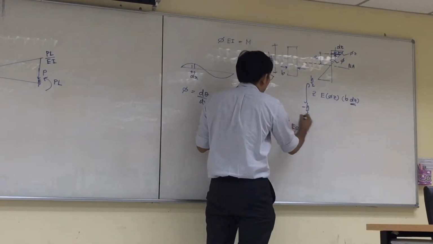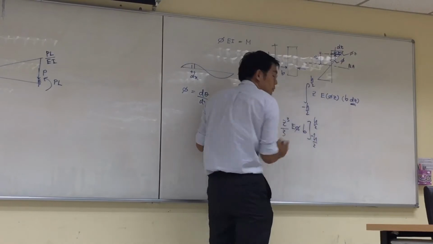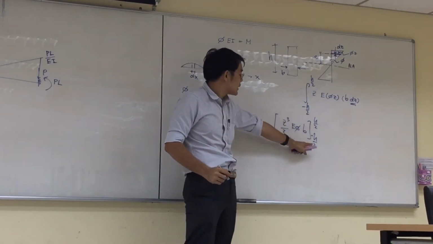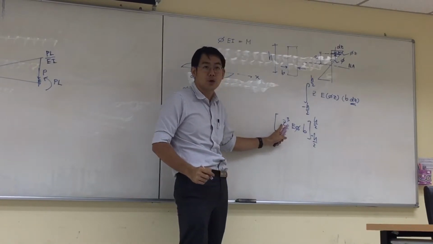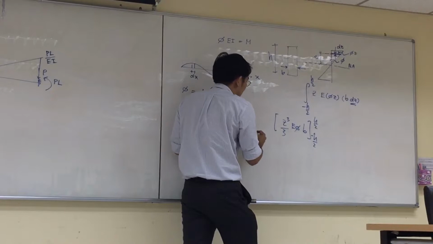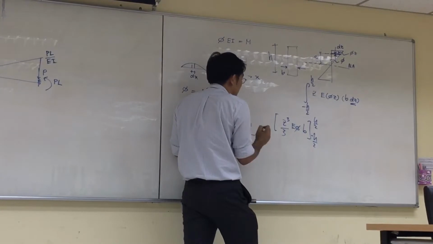And then you evaluate this from minus H over 2 to H over 2. If you have H over 2 and the C is cubed, then you find that it's going to be h cubed over 8 multiplied by 2.